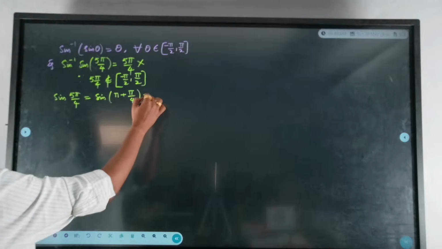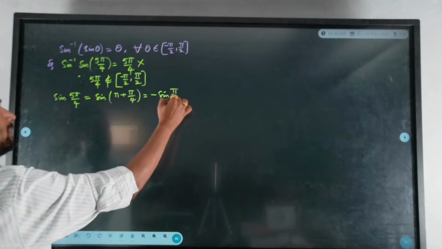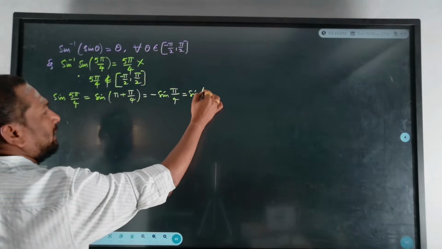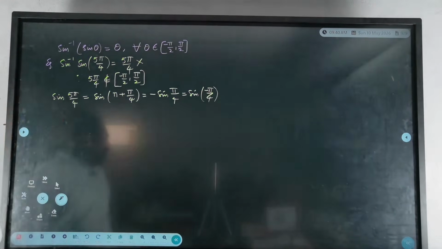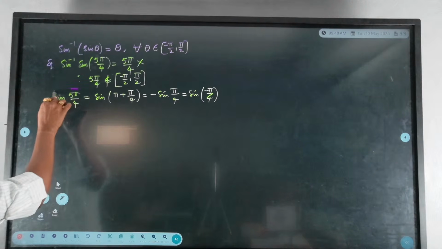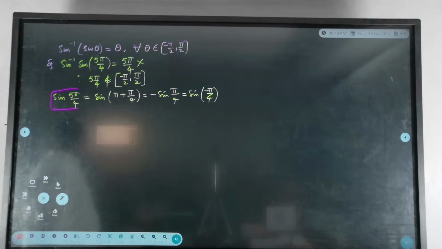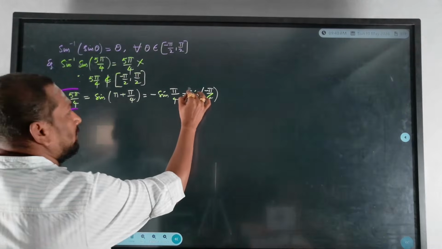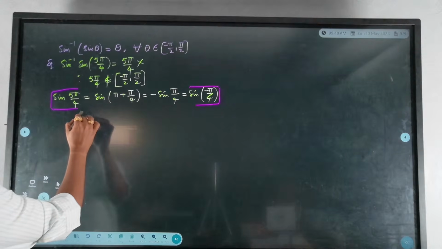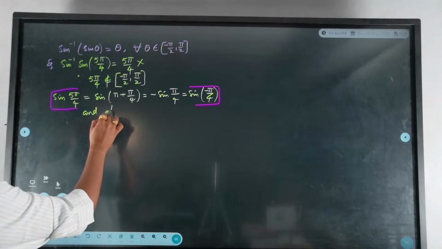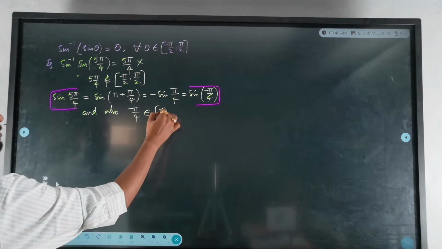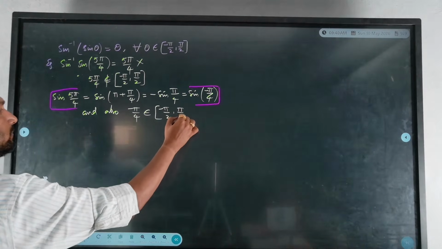Sine of 180 plus theta is minus sine theta, so minus sine pi by 4, that is equal to sine of minus pi by 4. And what we have to observe is that minus pi by 4 belongs to closed minus pi by 2 to pi by 2.